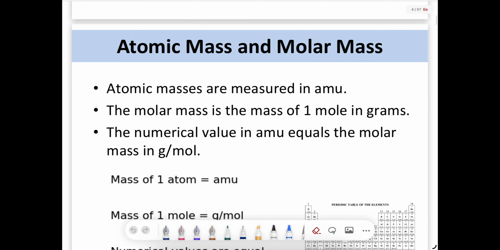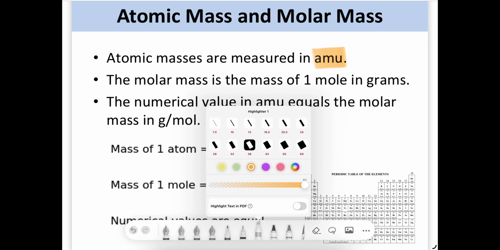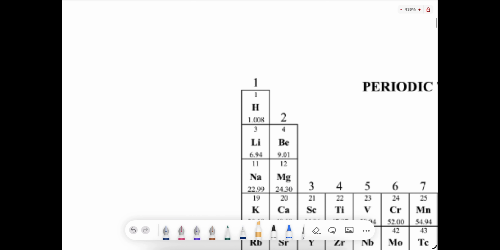Then you have atomic mass and molar mass. Atomic mass is measured in AMU, atomic mass unit. For AMU, you need to have a periodic table. Suppose we have got lithium here. In lithium, you see this small number and you see the bigger number. The small number is called the atomic number.